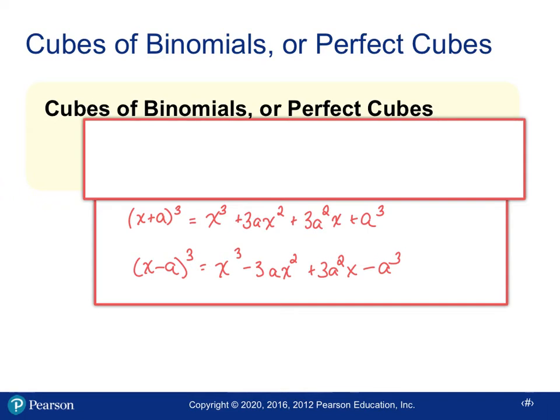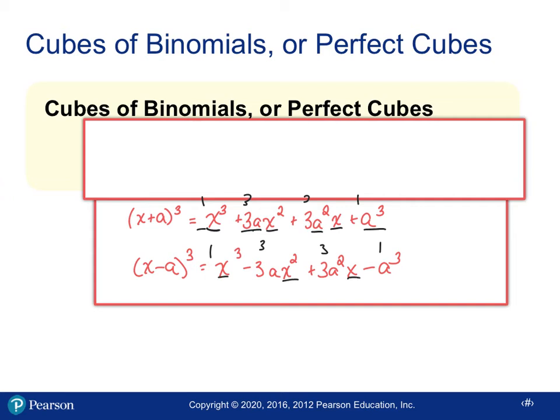So here are your rules. If you have x plus a to the third, you're going to have x to the third plus 3ax squared plus 3a squared x plus a to the third. Notice that what happens, the x terms decrease in degree each time, and the a terms increase in degree each time, and the coefficient is 1, 3, 3, 1. Still 1, 3, 3, 1.